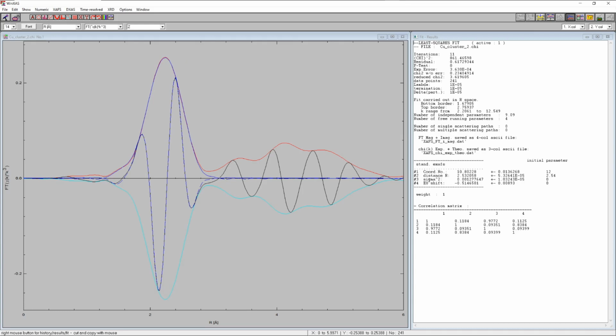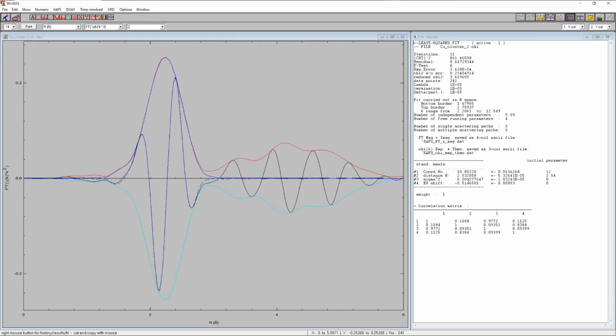Short note, with experimental phases and amplitude, the disorder parameter that you observe here is relative to the disorder of the experimental phase and amplitude, basically relative to the reference that you use to calculate the experimental phase and amplitude. So here we have in the copper clusters apparently a slightly larger disorder compared to the copper metal foil reference that we used.